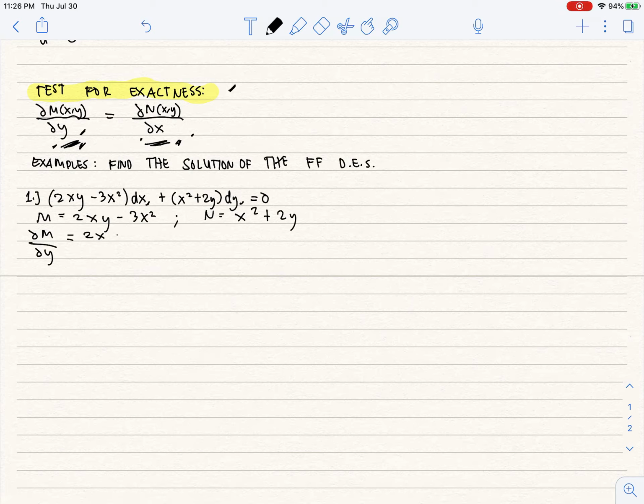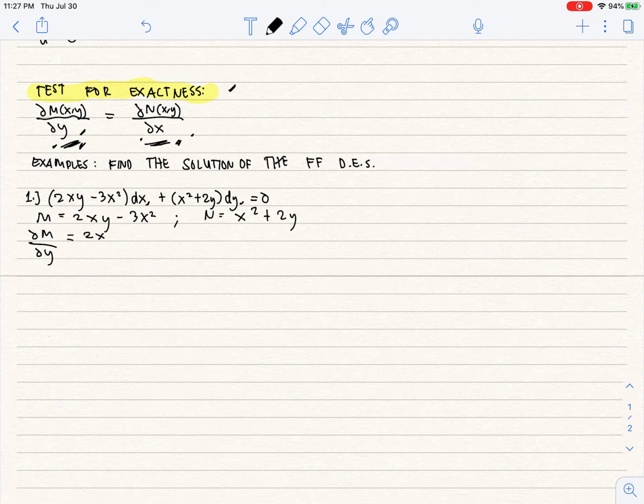Then minus, since this whole value is considered as a constant, remember, if we differentiate a constant, we end up with the value 0, right? So therefore, the answer is just 2x.